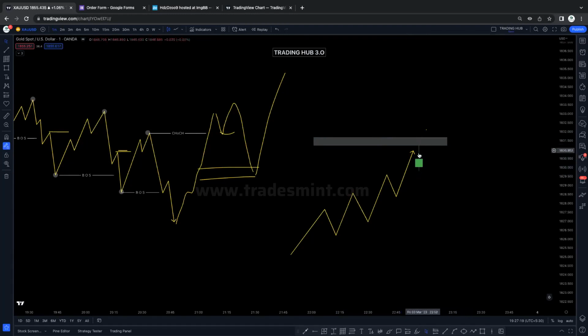Okay, and then what is happening here, price again, next candle here, right, and the candle closes, and this is our bearish candlestick here. Let's change the color first.